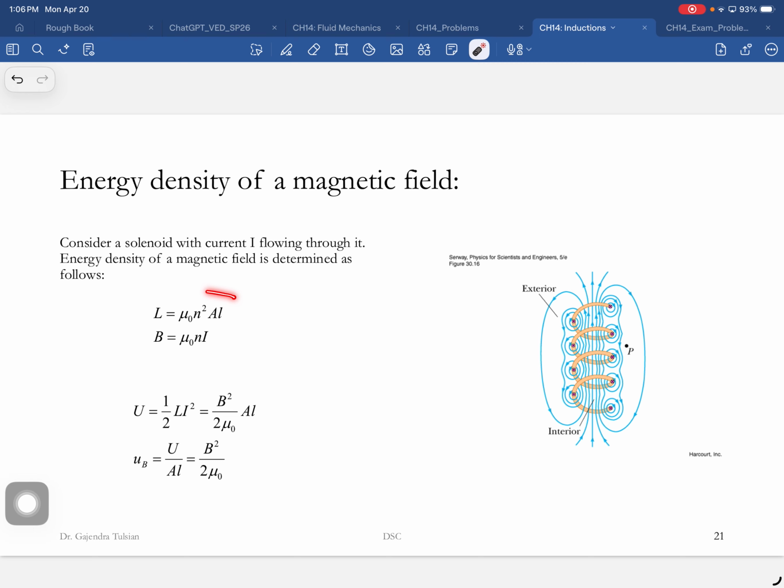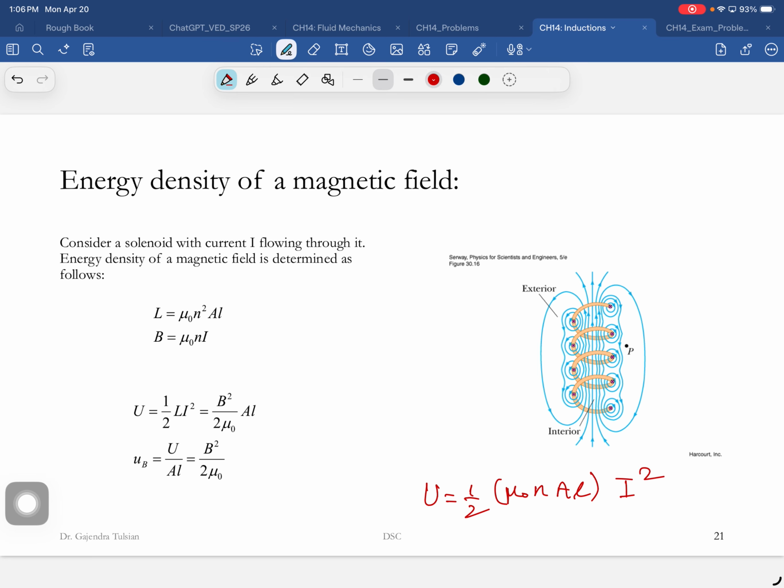And if you substitute this value there for L, the energy stored is 1/2 mu naught N squared A l I squared. But the expression for the magnetic field is mu naught N I. So there's an I squared term there, there's a mu naught, and so this can be combined.